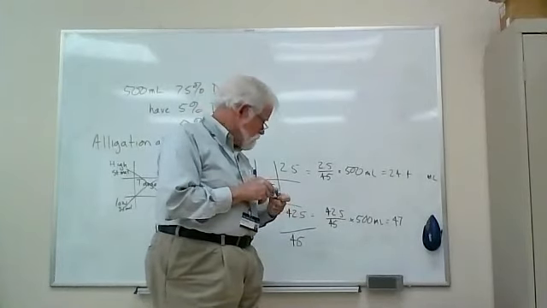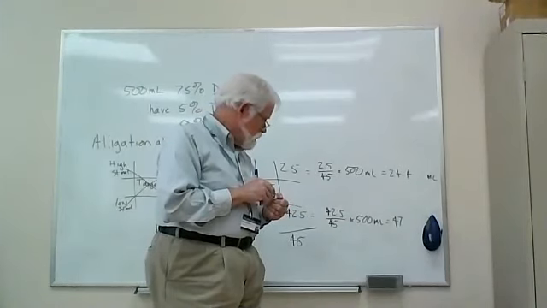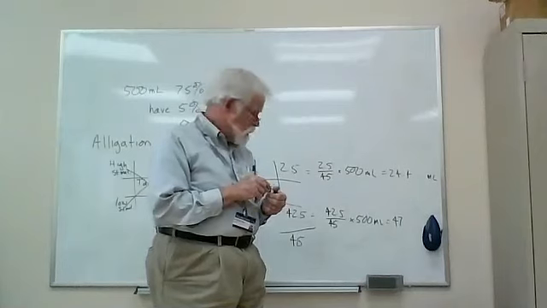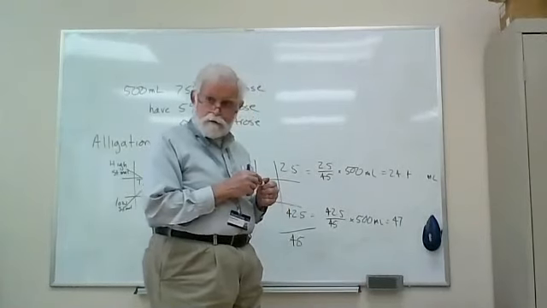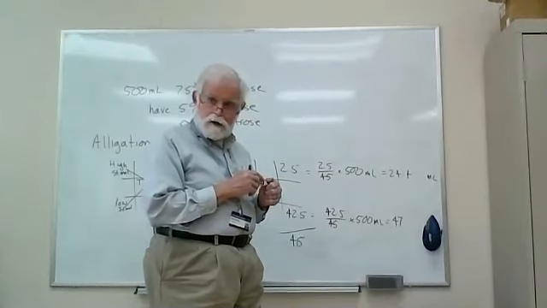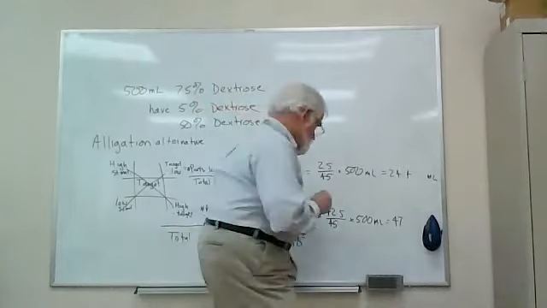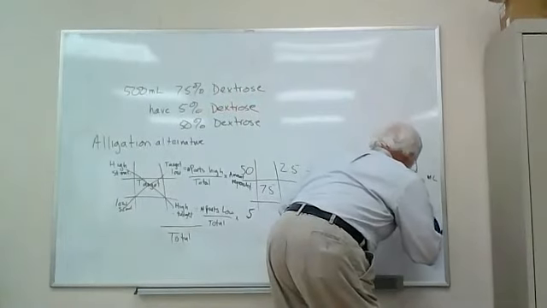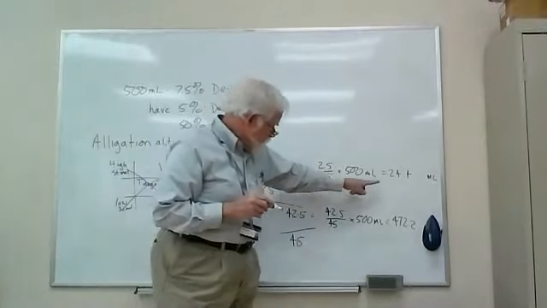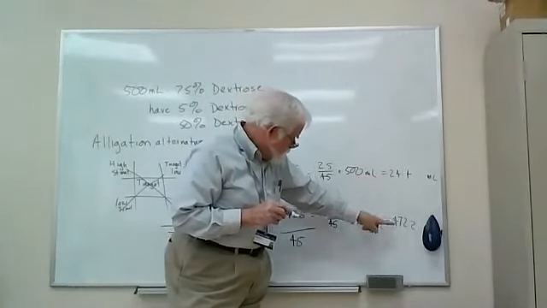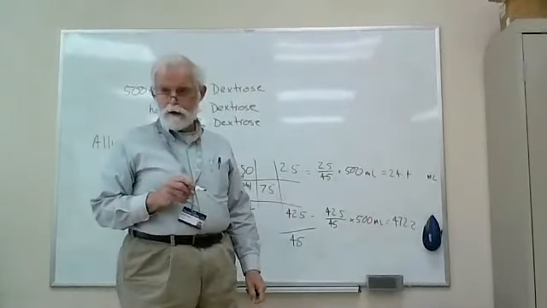Let's look at that. 42.5 divided by 45 times 500. So it's 472.2. Okay, so I'm going to ask you to check this calculation again because this only adds up to 496. It needs to add up to 500.